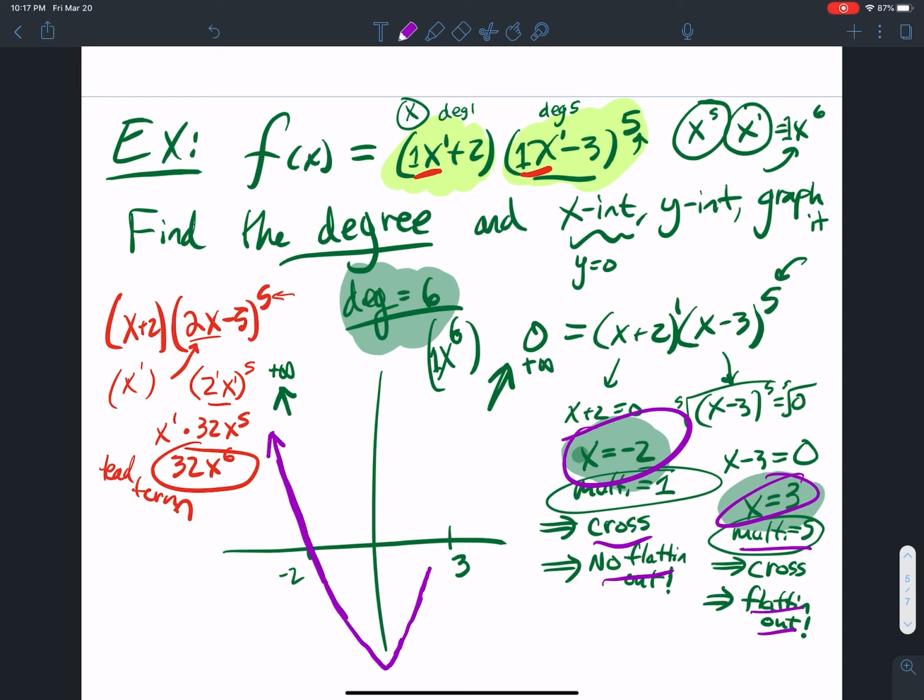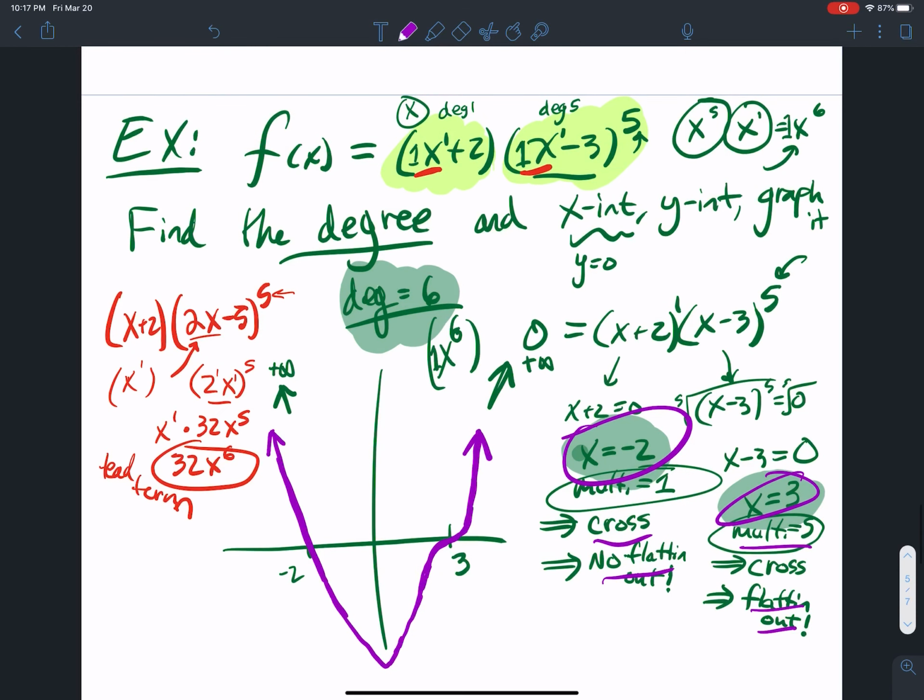So I'm going to cross, but I flatten out when I cross. There's a little bit of a bend here. That's the flattening out, that little bend. That's what you're going to draw on your scratch paper. And then it's going to shoot up to positive infinity.